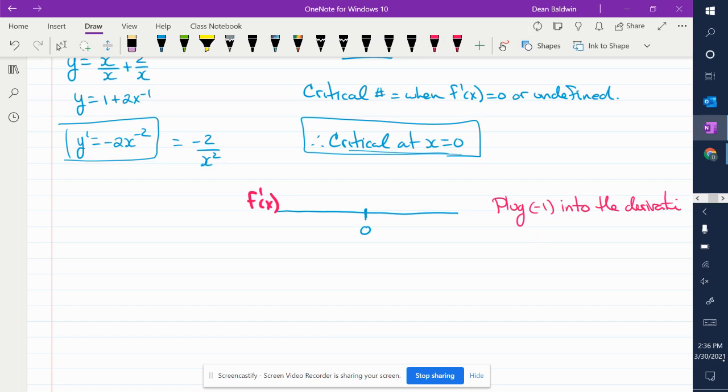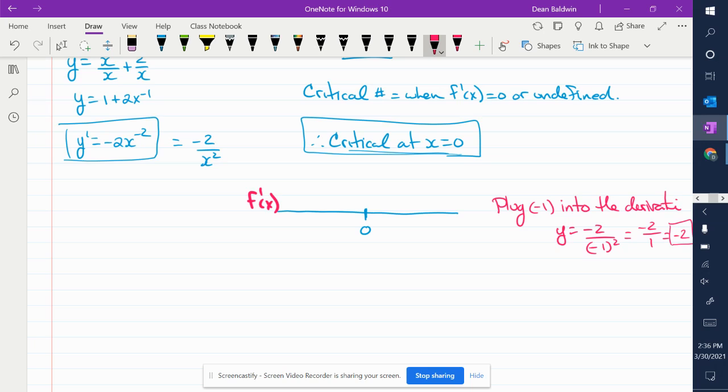So if you do that, what do I get? I get -2, right? Because -1 squared is 1. So it's negative. It's -2. Now, I don't care what the number is. I don't care if it's -2, -5, -8, -1 billion.